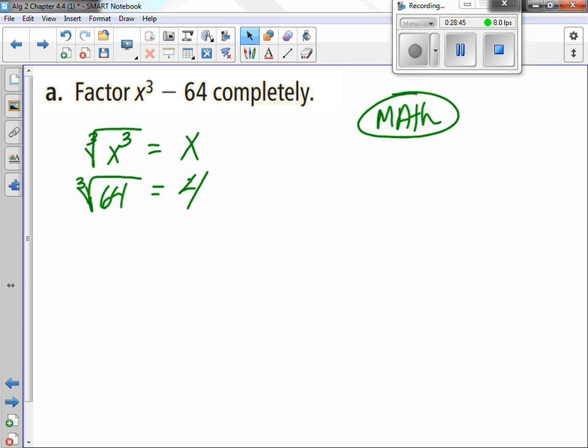Under math on the graphing calculator, number 4 on that list is cube roots. That's 4. 4 times 4 is 16, and 16 times 4 would be 64.